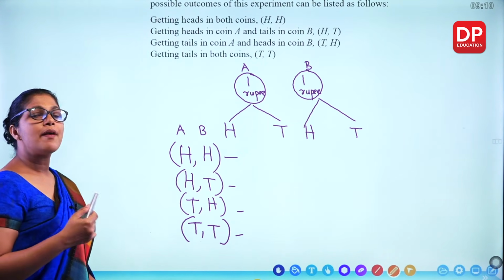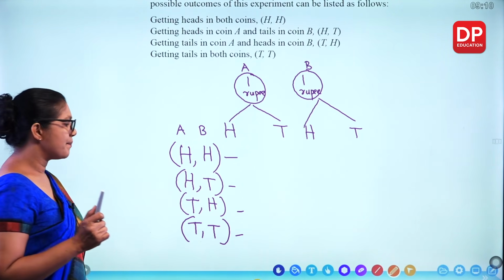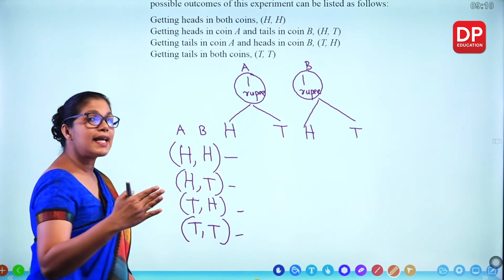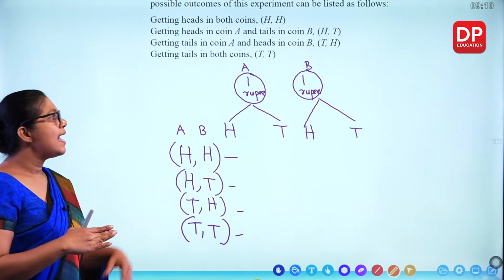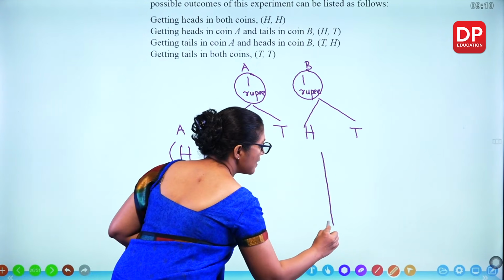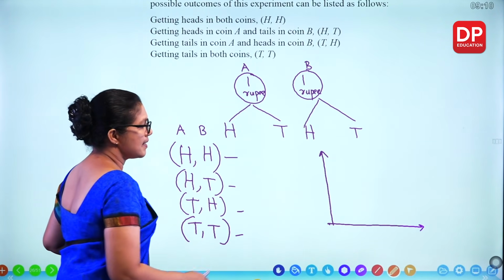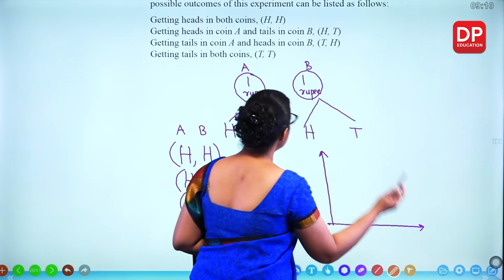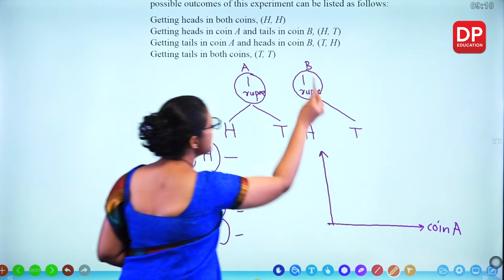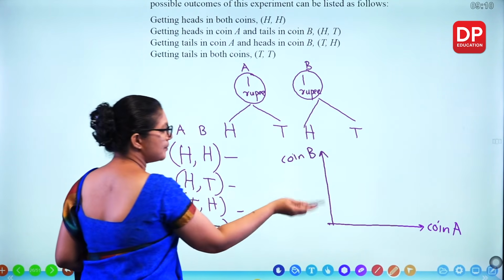So how can I represent this in a diagram called sample space diagram? So we'll take 2 coins are there now. So we'll take x-axis for one coin and y-axis for the other coin. So when you take the diagram, we need 2 axes. I'll take this one as coin A, this side as coin B. You can take other way round as well.